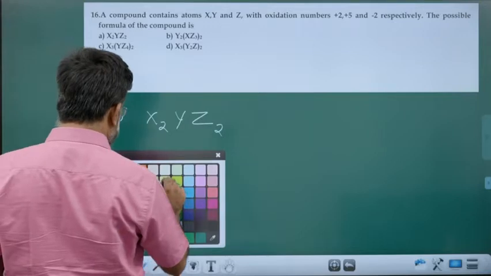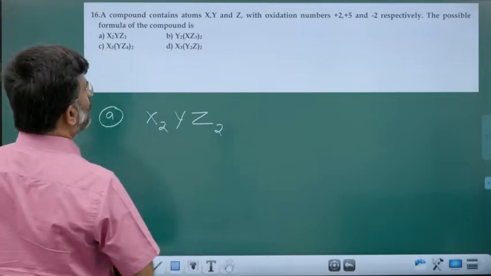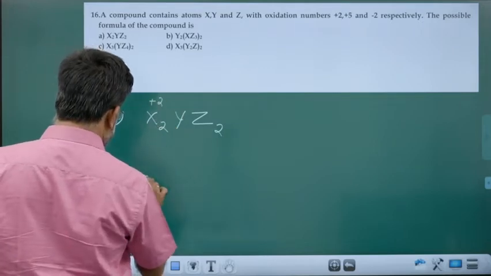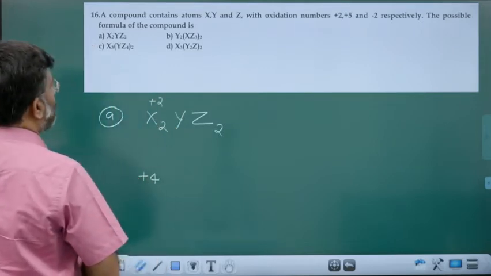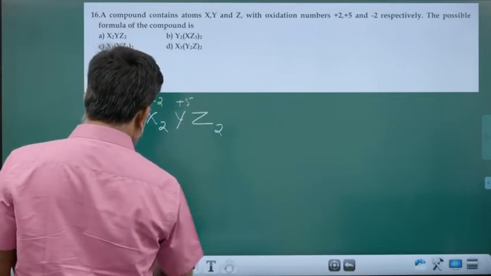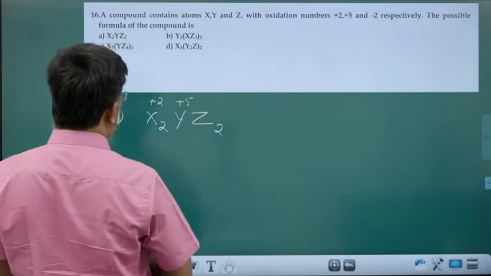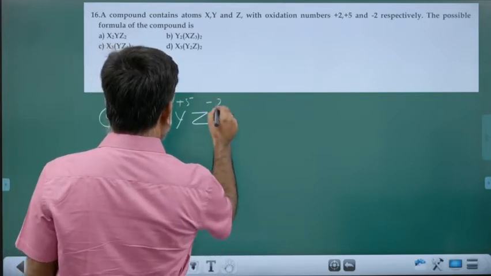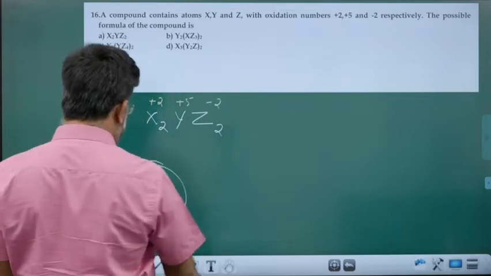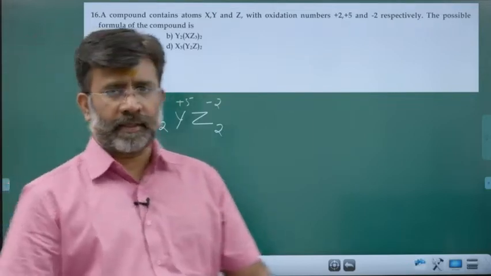Now what are the oxidation states? X is plus 2 state, so plus 2 into 2 is plus 4. Y is plus 5 state, only 1 atom, plus 5. And Z is minus 2 state, minus 2 into 2, so it is minus 4. Is it coming 0?